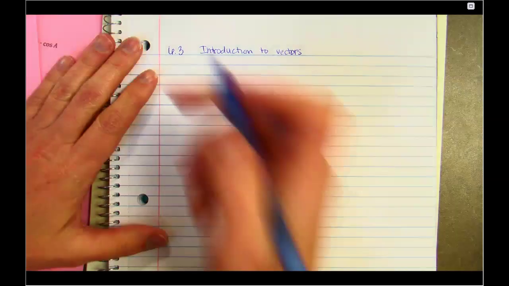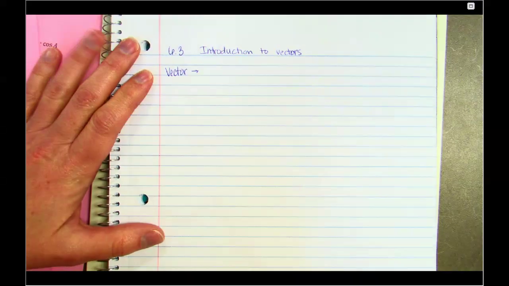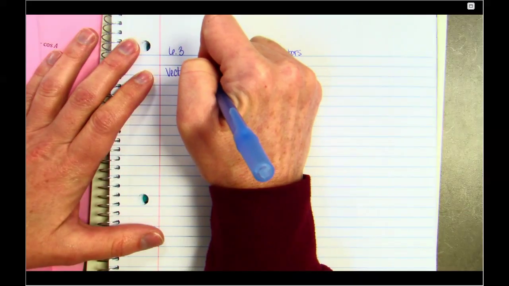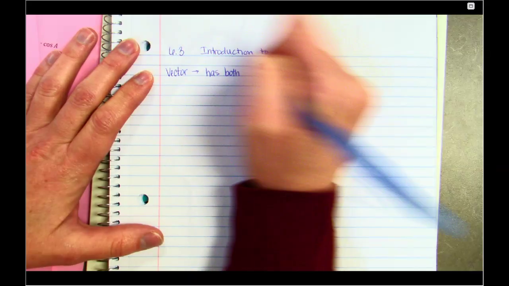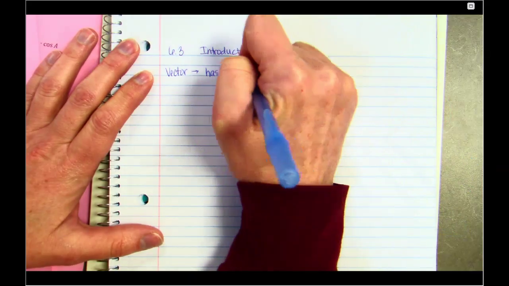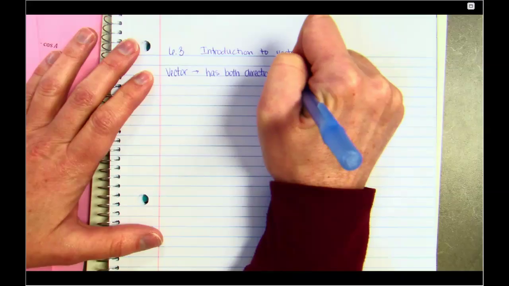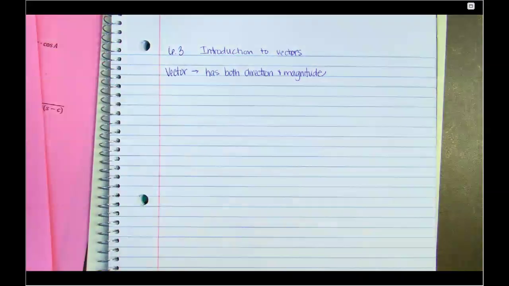Okay, so a vector, as we know from Despicable Me, is a mathematical quantity. I'm not writing that down. That has both direction and magnitude. So a vector is a mathematical quantity with both direction and magnitude.